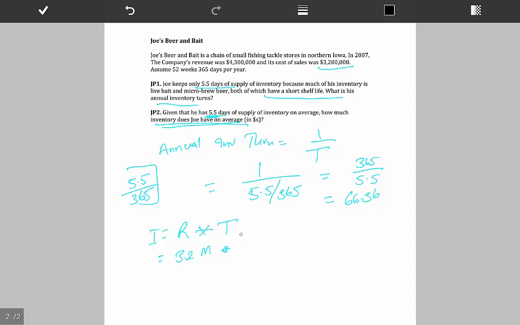So 5.5 divided by 365 is 0.01506. I is about $48,219. That's what I get. So at any given time, he holds $48,219 worth of inventory.